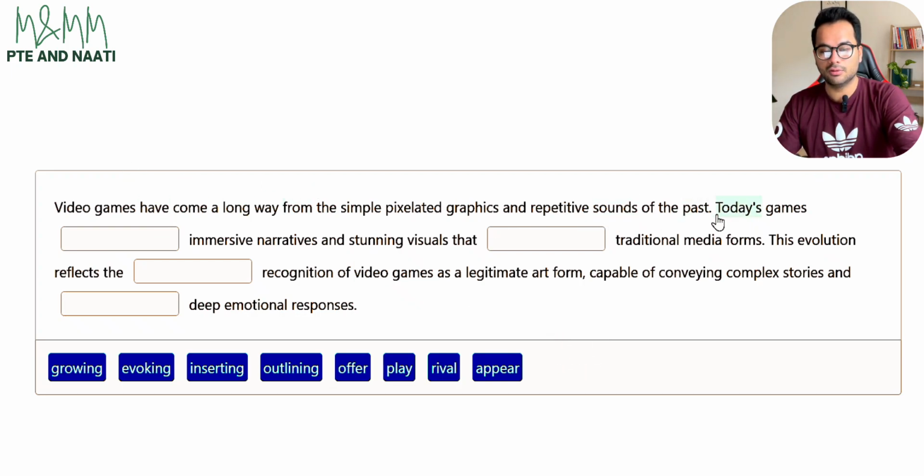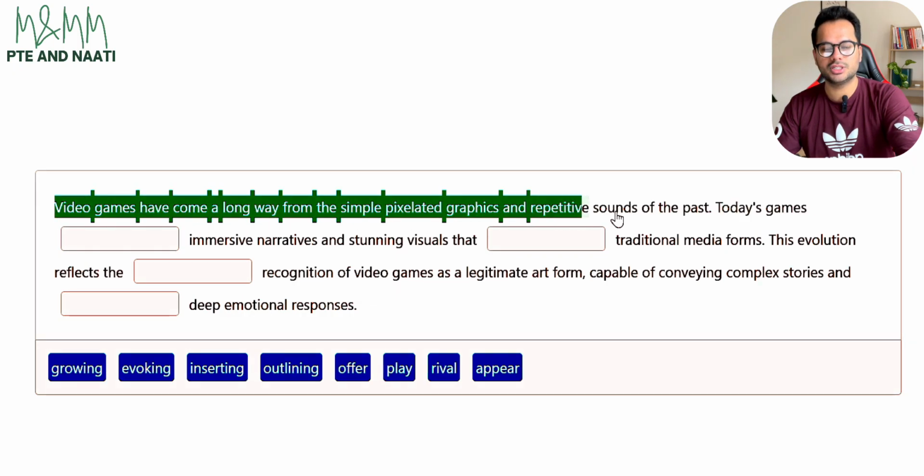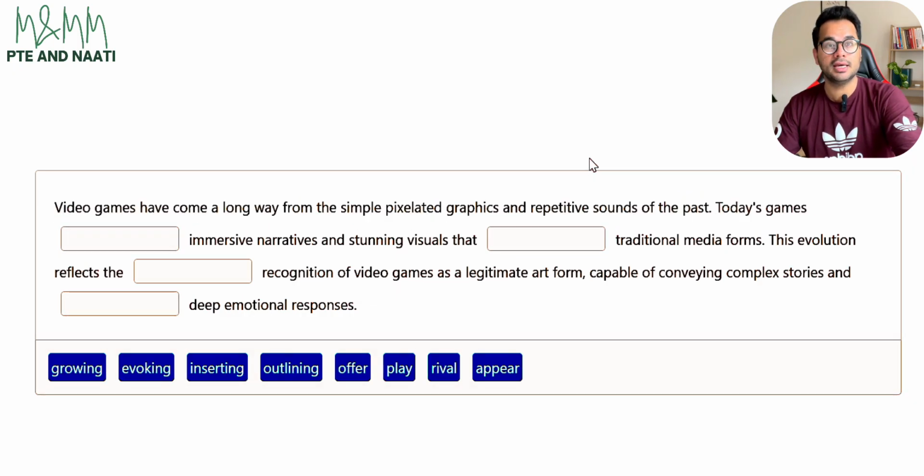Let's have a look. The way I try to solve a question is I simply ignore the sentences which don't have any blank in them. If I need to read that, I'll come back to it. But for now, I'll just go with the sentence which has the blanks. It just saves a bit of time in the exam. Now, it says today's games dash immersive narratives and stunning visuals that something.